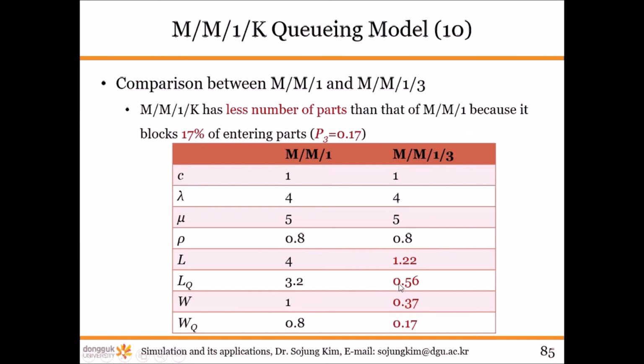This value is quite a bit smaller too, and the other measures are also smaller, and in terms of time, the waiting time and the time in the system should be smaller than the values of the M/M/1 queuing model, right?